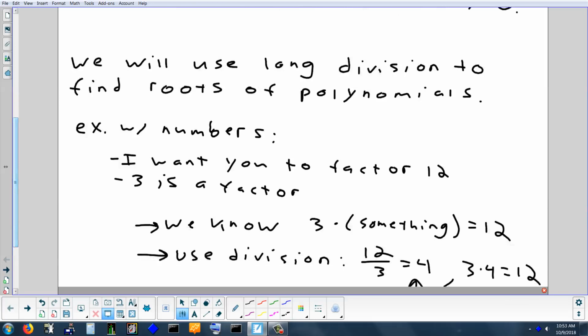And as Allison just mentioned, if you want to figure out what the something is, what is the other factor that you would multiply 3 by to get 12? Basically solve the equation up above for the something. Take the number you're trying to factor, divide by what you know is already a factor, and there you go. There's the other factor, 4.